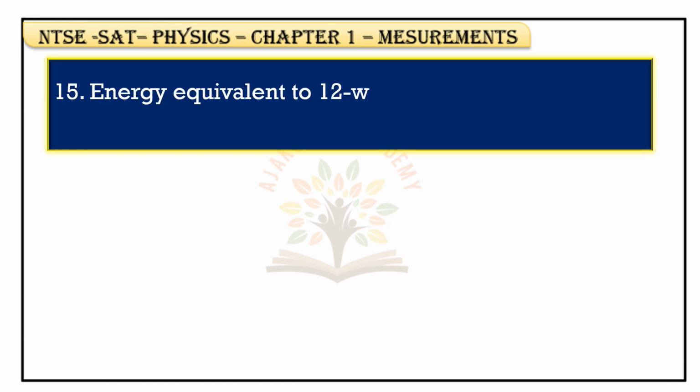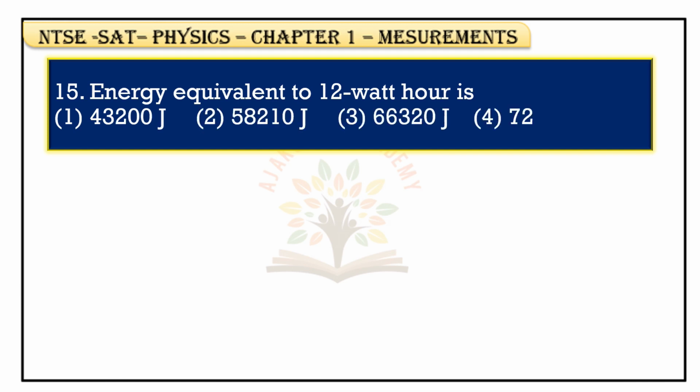Next, energy equivalent to 12 watt hour is, here we have to calculate the energy equivalent to 12 watt hours. Now let us discuss. 12 watt hour is equal to 12 into 1 hour, and 1 hour is how many seconds? 3600 seconds.